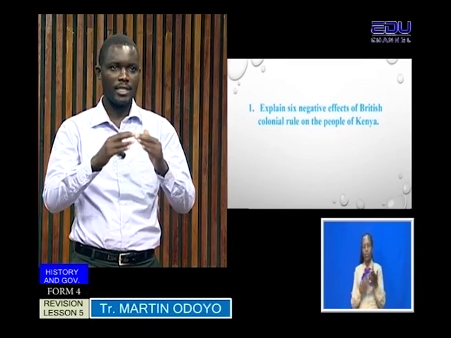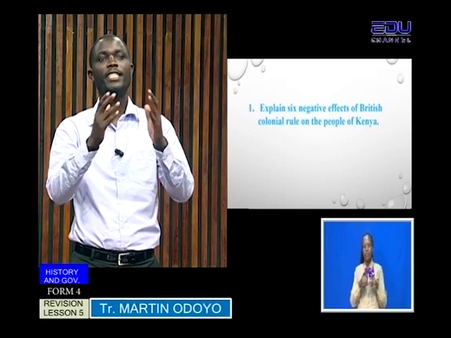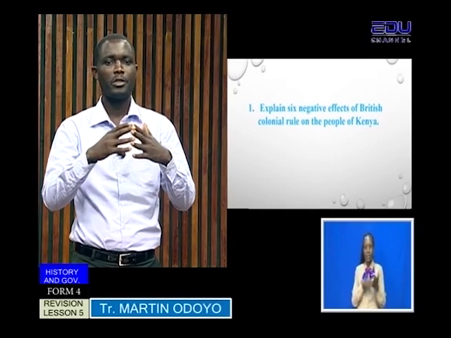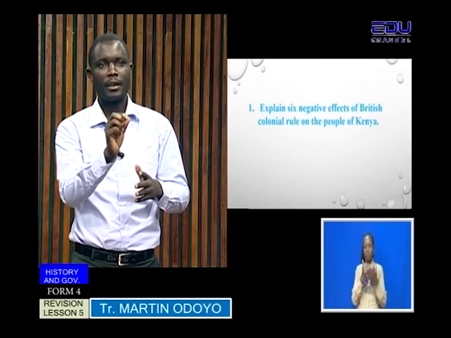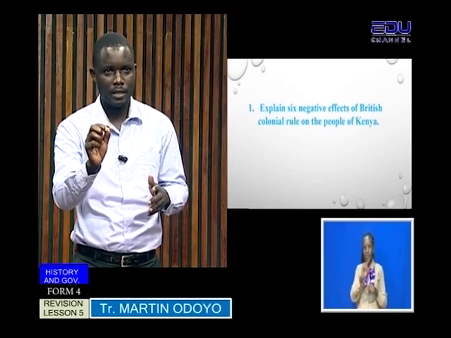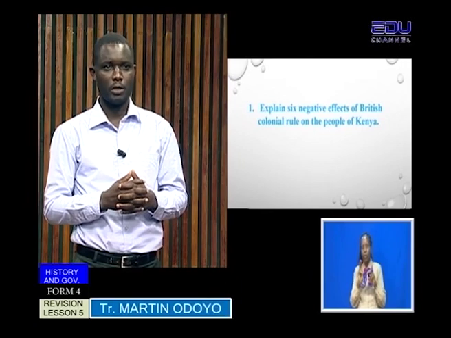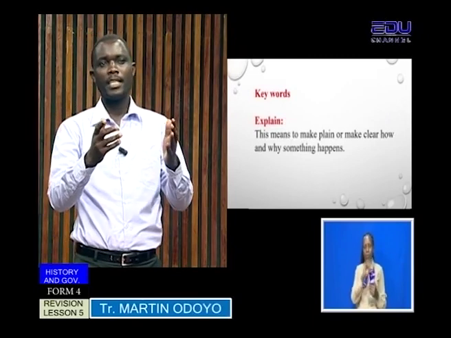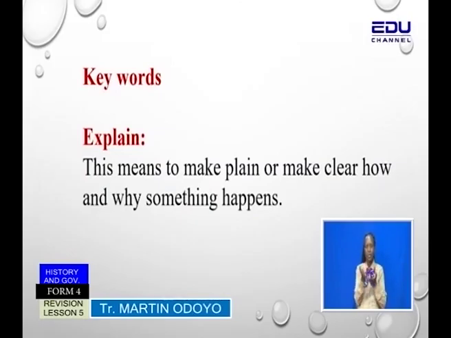So we need to understand the key terms, and we emphasize as a student, before you start answering that question, first underline the main terms. They will help you understand the question better. So let's go on. The first key term that you need to understand is explain.